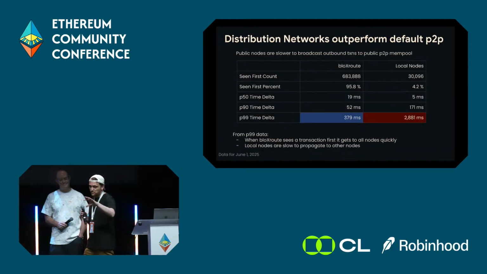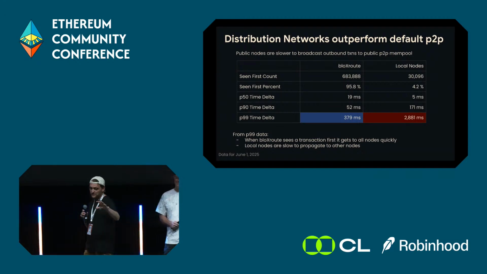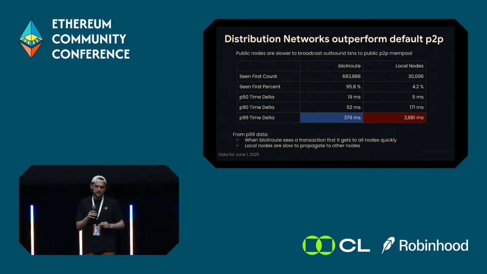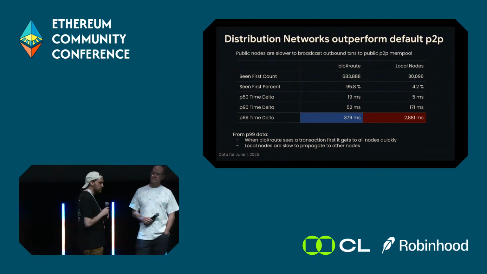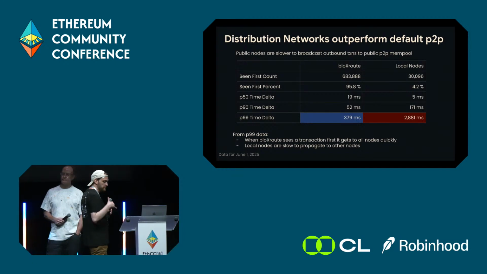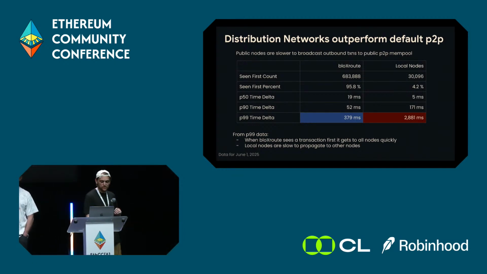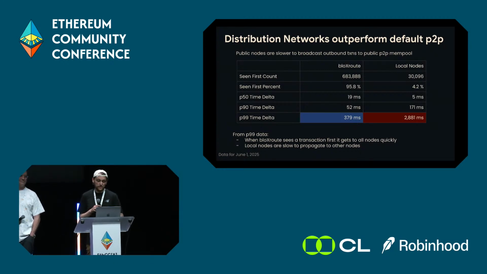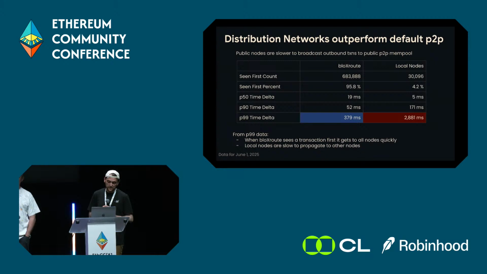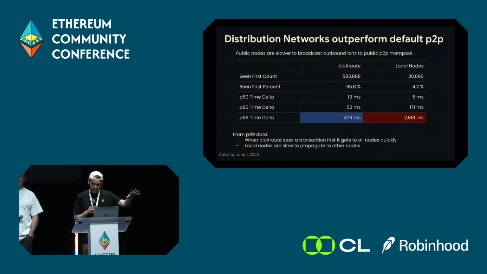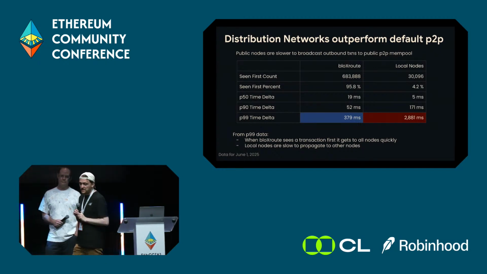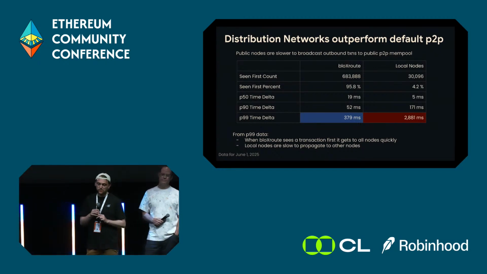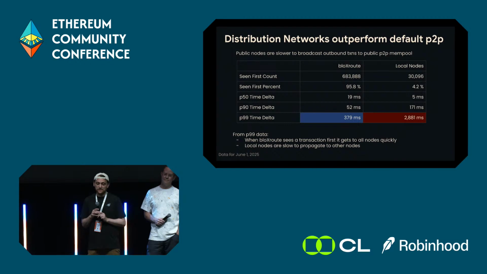Another touch point where latency matters is how fast your transactions are included in the blockchain, and that depends on which nodes see it and which nodes distribute it. For example, Bloxroute has this distribution network. They have a relay, but also they have proxies where they quite quickly distribute transactions that they see over the network.